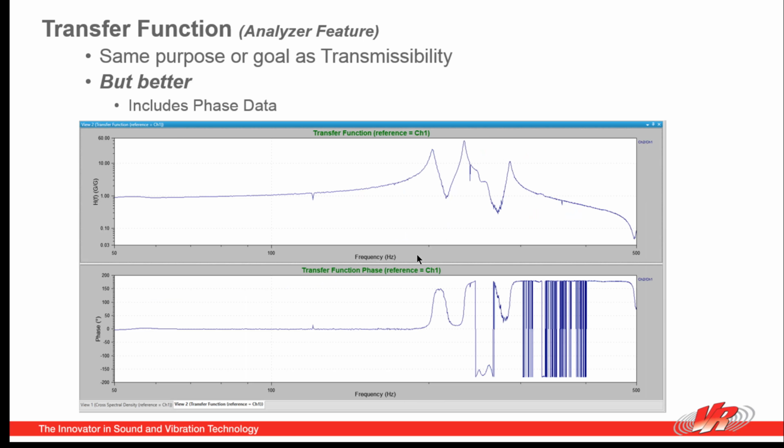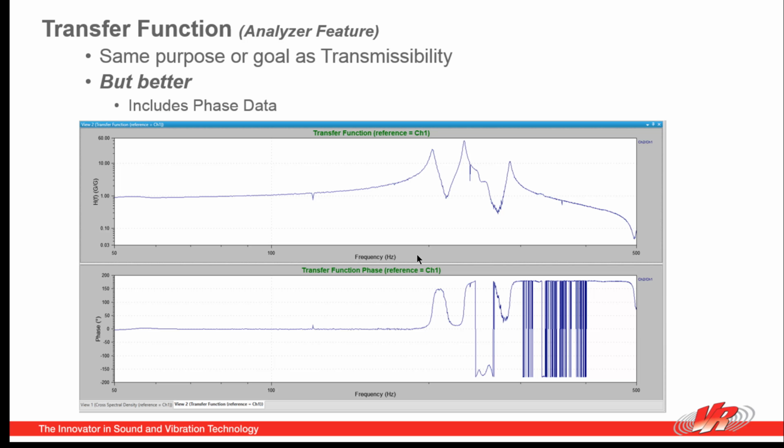But what the transmissibility plot does not do for you is include phase differences. And so the analyzer feature of transfer function is better than the transmissibility plot because it's going to give you the ability to see the phase differences. And that's very important to look at. And if you do not have the analyzer feature, you're going to be excluded from that information.